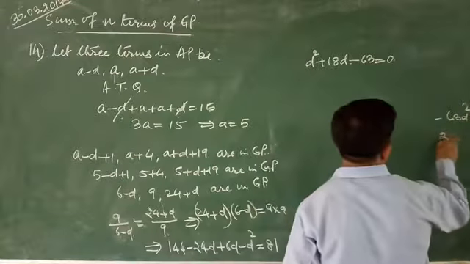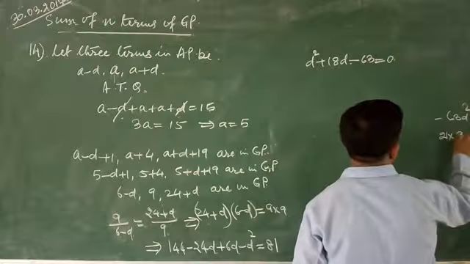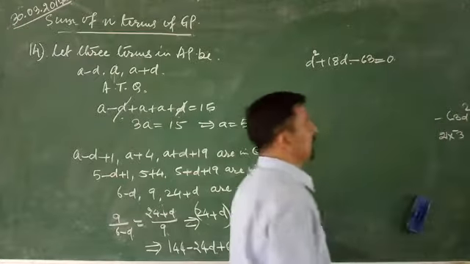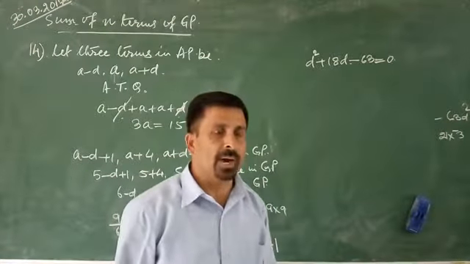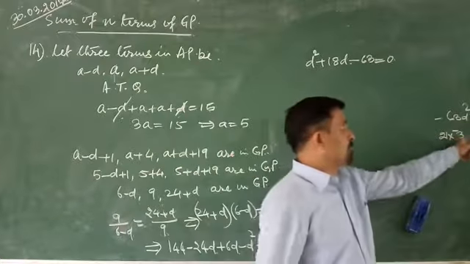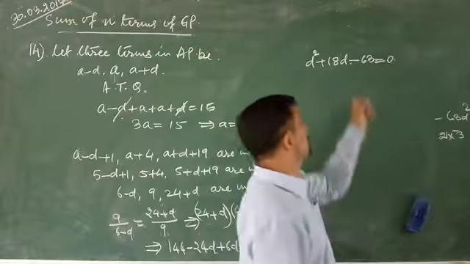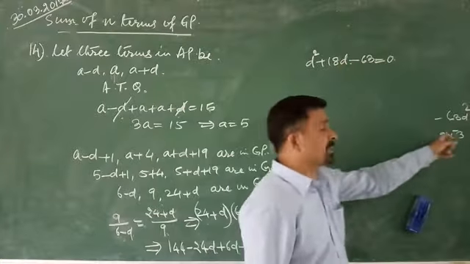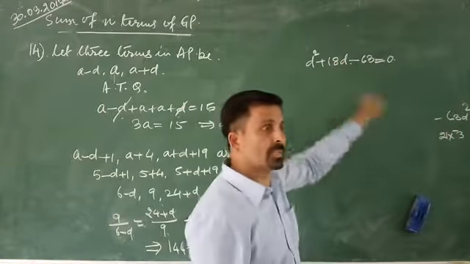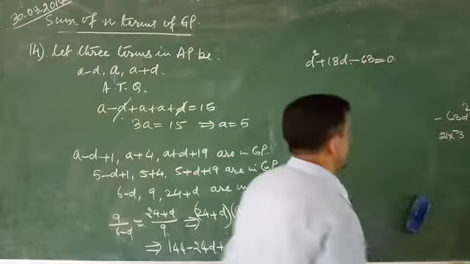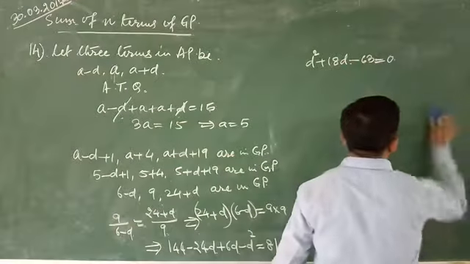My factors are 21 into negative 3. 21 and negative 3 are the two factors because the product of these two will be the same, and the difference of these two will be the same as your middle term. 21 minus 3 is 18. Is it the right pair of factors? Yes, sir. So we are going to factorize now.